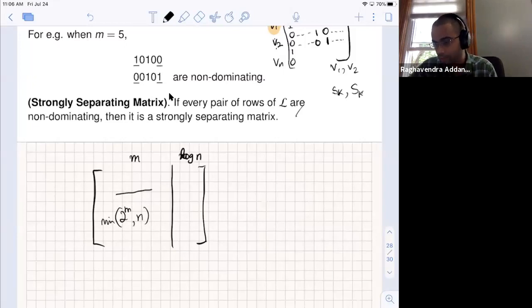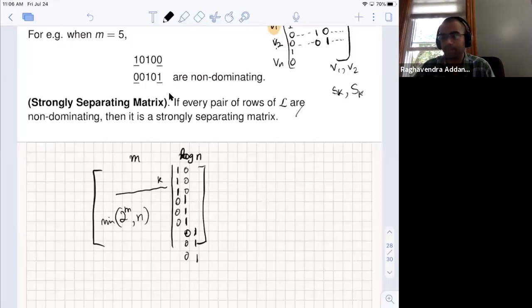Suppose the weight of this vector is k. In the kth column, we set the bit to 1. I'm hurrying here, but essentially this looks like something like this. If you look at it carefully, this is a strongly separating matrix between rows which are of different weights.